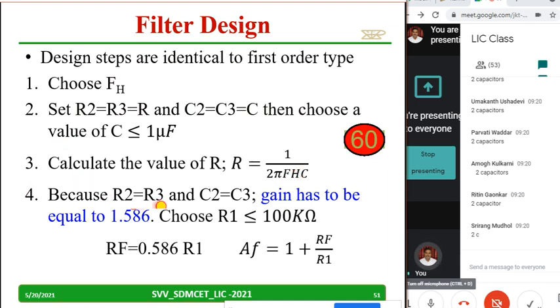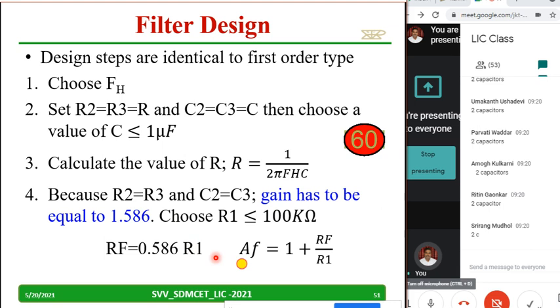Because R2 equal to R3 and C2 equal to C3, gain has to be equal to 1.586. This you have to remember for a second order low pass Butterworth filter. Choose the R1 value less than or equal to 100 kilo ohm. Once you choose R1, the remaining you can calculate. And RF is 0.586 R1, because I want 1 plus RF by R1 to become equal to 1.586. 1 plus is already there, therefore I need 0.586 R1.